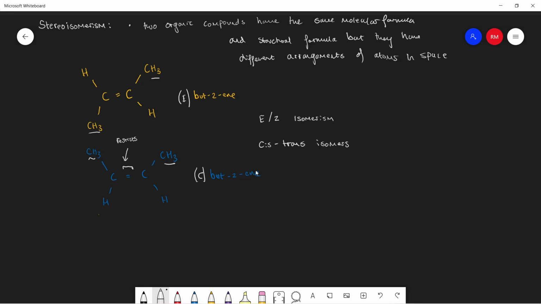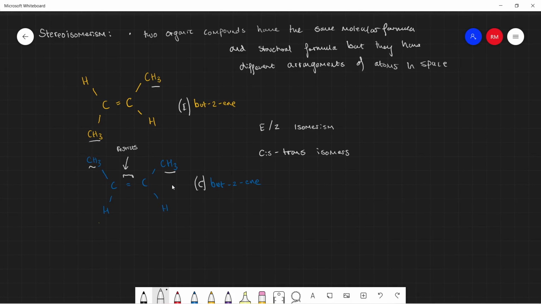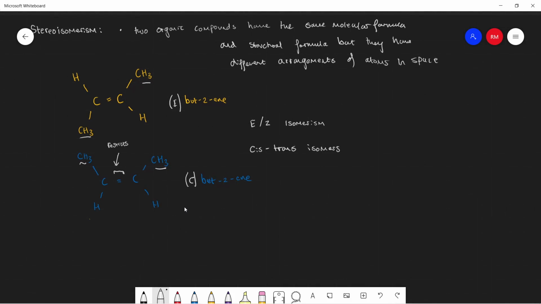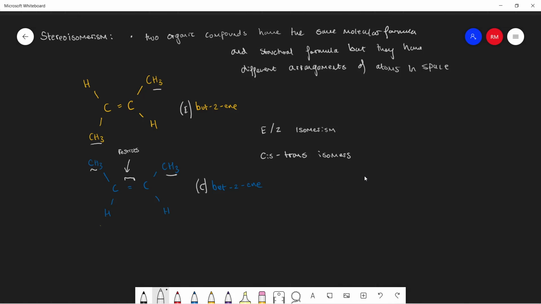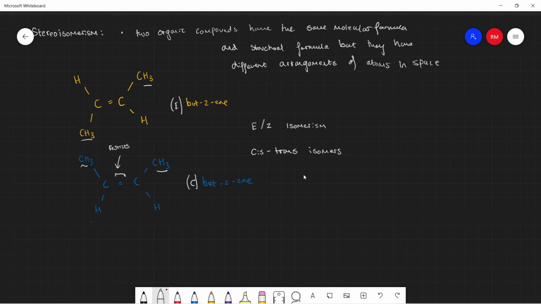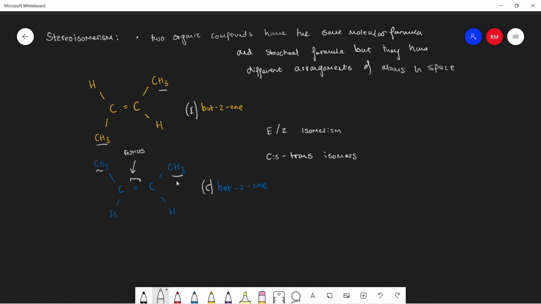What I mean by substituents is these different atoms, these different groups that are connected to this carbon here. So, for example, here you can see that we have two CH3s. So they're the same, and they're on the same side, which means this is a cis isomer.